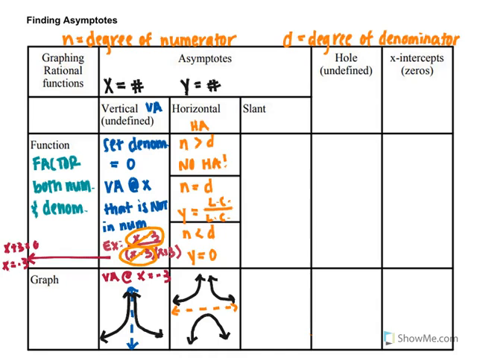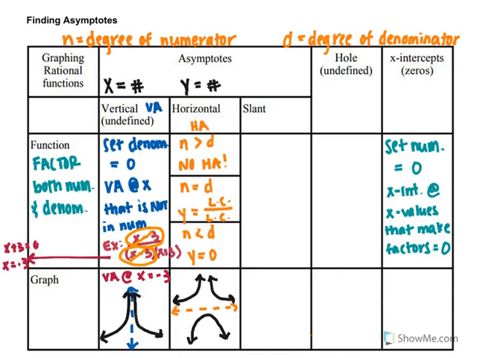What we would do is take our factored numerator and set it equal to 0. Wherever those factors equal 0, whatever x values, those are our x-intercepts, just like if we were factoring a quadratic equation. So x-intercepts are the only things that we find from the numerator.